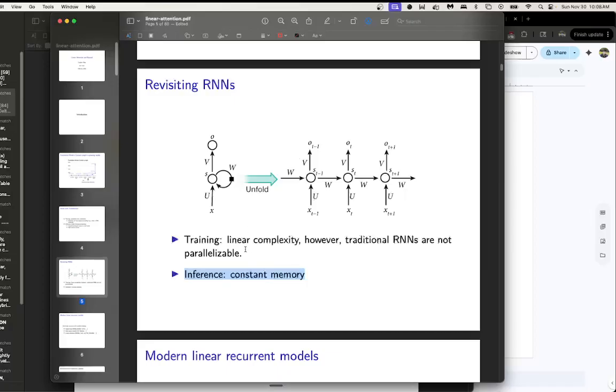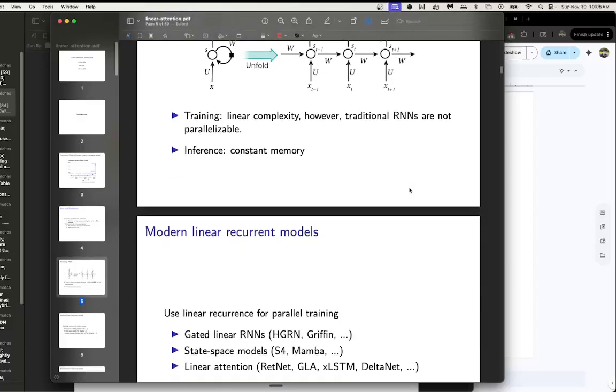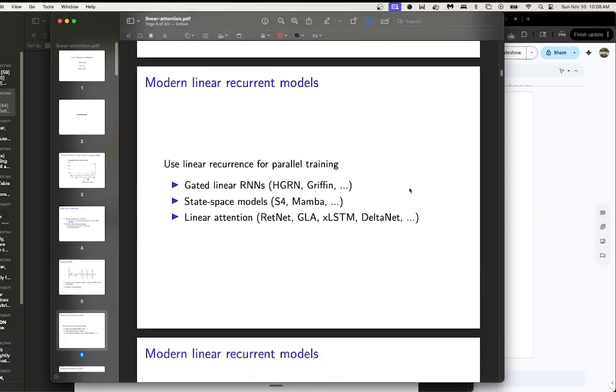So great for memory, constant memory. Training has linear complexity. However, they're not parallelizable because of the sequential nature of the design, which is a huge problem because we want to take advantage of massively parallel processors like GPUs and TPUs in order to train things more quickly. So that's why we aren't using just pure RNNs.